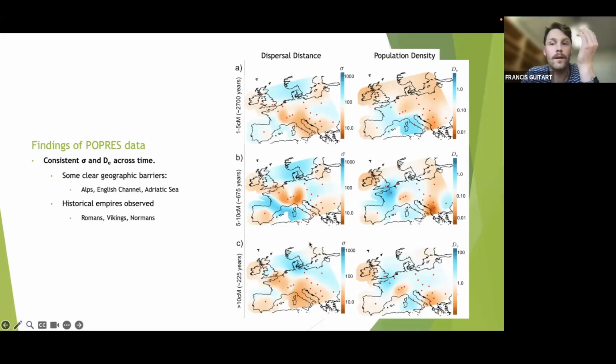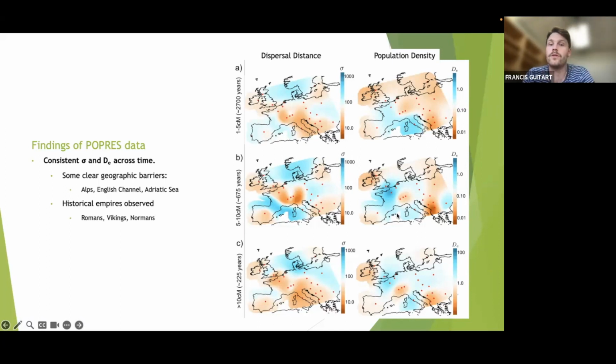But I also wanted to note that some of these findings can really reveal some really cool historical empires and events. So around 2,700 years ago, we're seeing a large population density around Italy and Carthage. This is my conjecture from this analysis, but it looks to me like it is basically revealing the Carthaginian and the Roman empires that arose around that era.